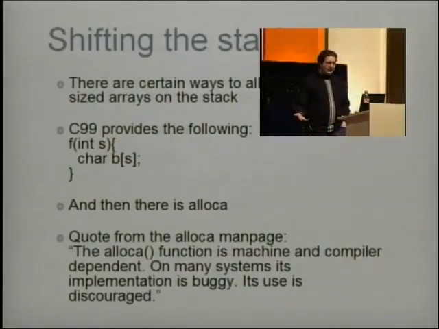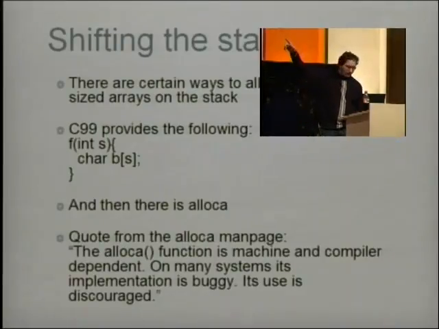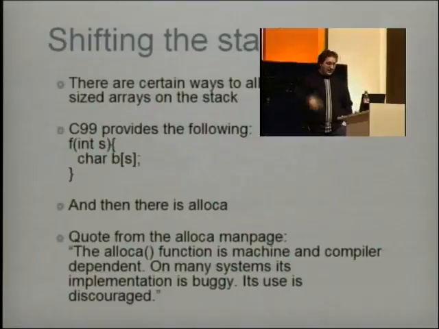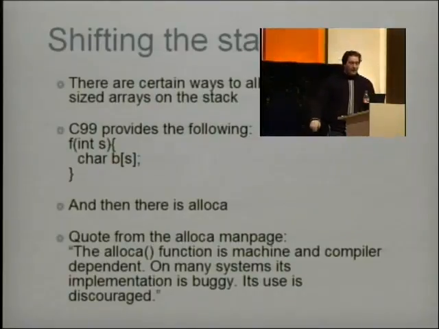I guess it's called in the C99 standard, dynamically allocating arrays on the stack, and this is basically how you do it, right? You have a function with the length, and you just declare it like this. For C it's kind of weird because you usually don't do this kind of thing, but the C99 standard allows for it, and so this sometimes works, and I'll tell you why later.